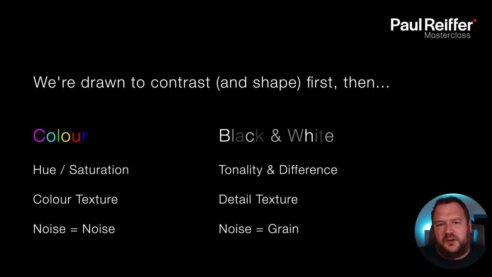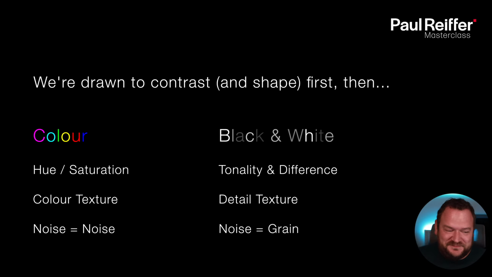So when we start describing colour images, we talk about how vibrant they are, how muted they are, how almost low contrast sometimes we say, but we talk about them being cool or warm or neon or classic coloured. When we talk about black and white images, we tend to start talking about the things in there quicker. So we start talking about the texture, the shapes, the contrast between different elements in that picture, because we don't have the color distractions.